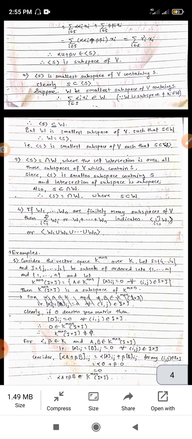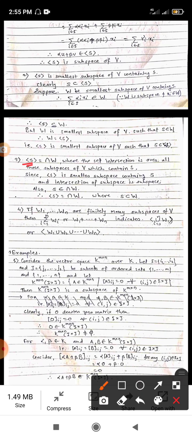Now the next particular case of that linear combination set: the generator of S is the intersection of W, where the intersection is over all those subspaces of V which contain S. Since the generator of S is the smallest subspace of V containing S, and the intersection of subspaces is also a subspace, that set, the generator of S, is the intersection of W where S is a subset of W. It also holds for finitely many subspaces W1, W2 up to Wn, then the summation of Wi, the finite sum, is generated by the union of Wi, or W1 union W2 union Wn.